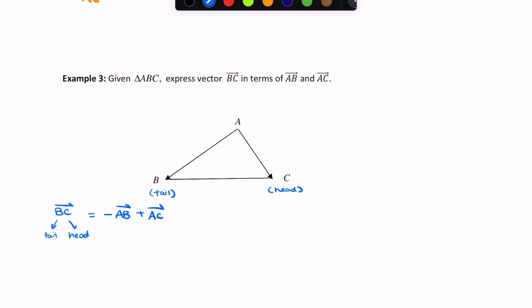Because here, if we see that, negative AB plus AC will give us our vector BC here.